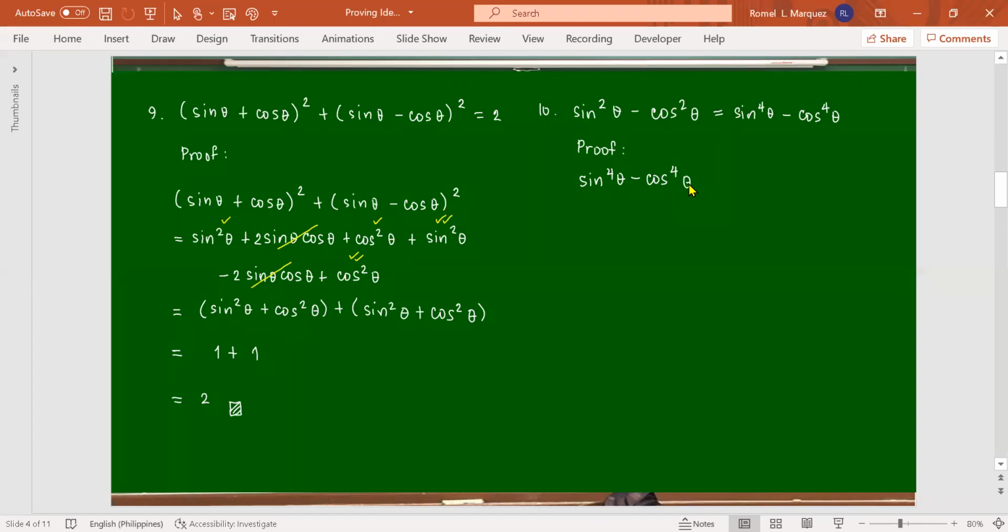Okay? The way I see it, we need to factor this and consider this as a difference of 2 squares. So the factored form is sine squared theta plus cosine squared theta. This takes the form of a squared minus b squared. Our a is sine squared theta, our b is cosine squared theta. So we have a plus b, a minus b.